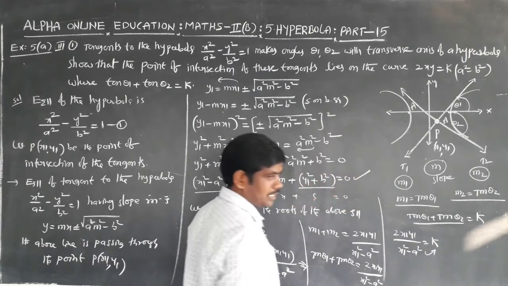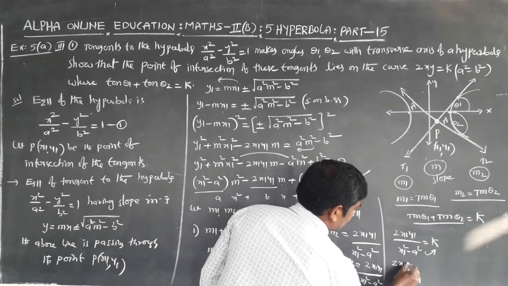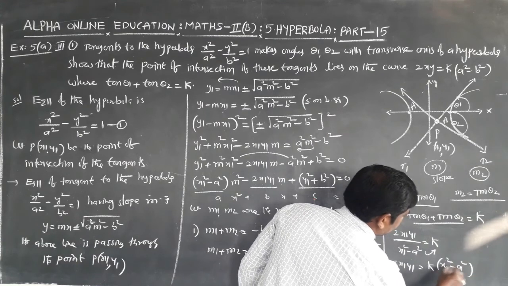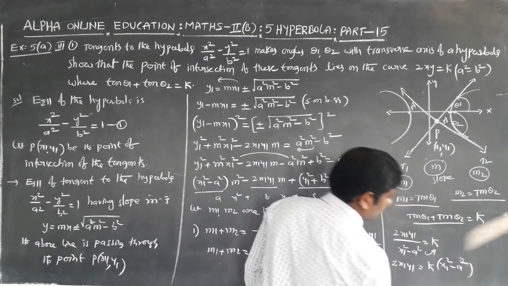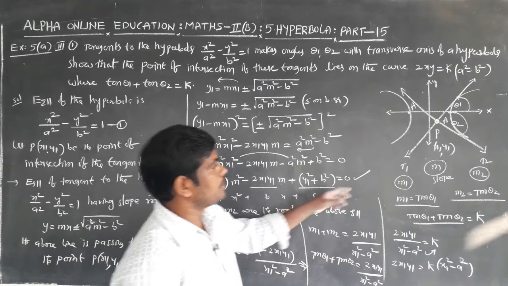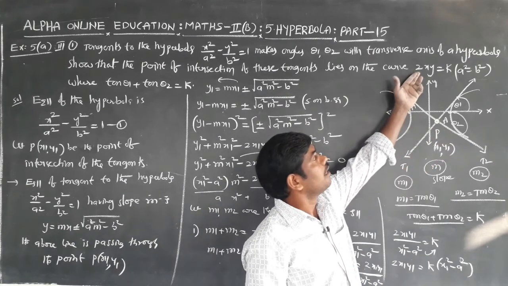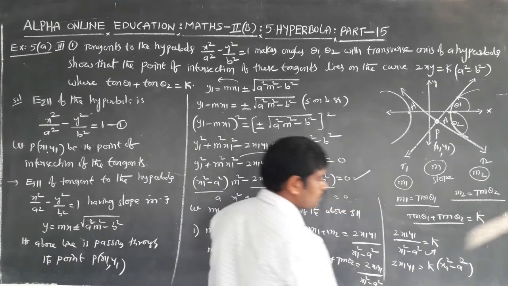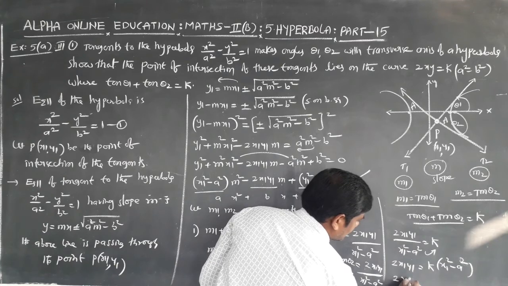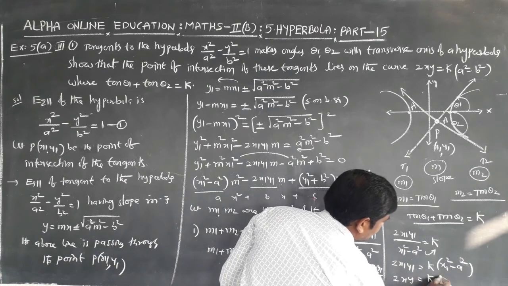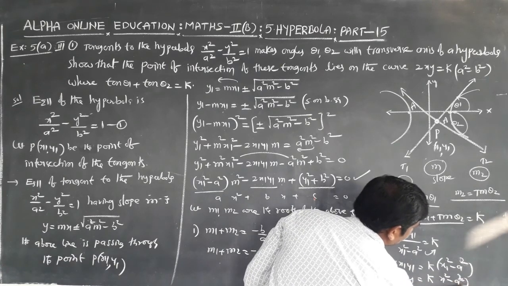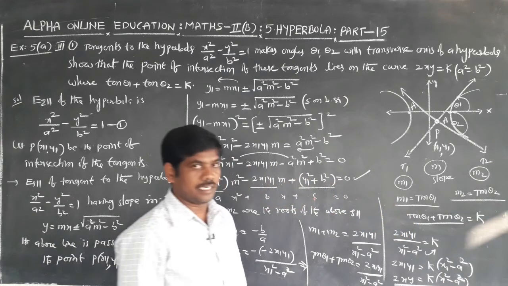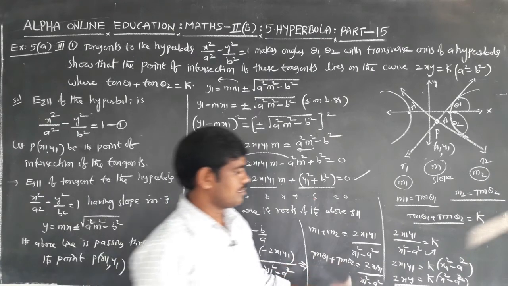Taking x1 square minus a square to the right side, 2 x1 y1 is equal to k into x1 square minus a square. Therefore, the point P x1 comma y1 lies on the curve 2xy is equal to k into x square minus a square.